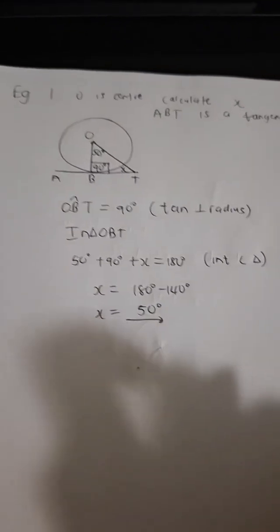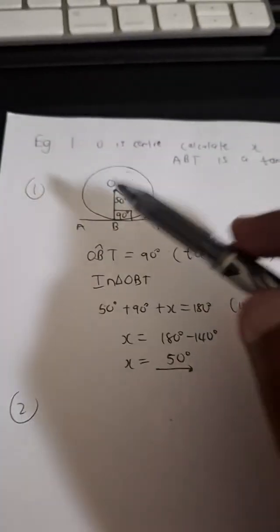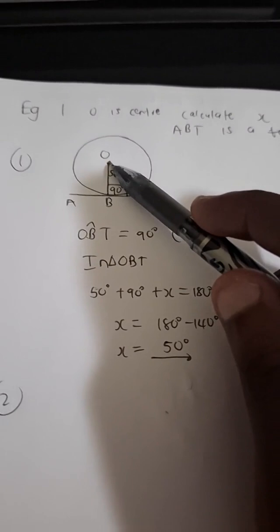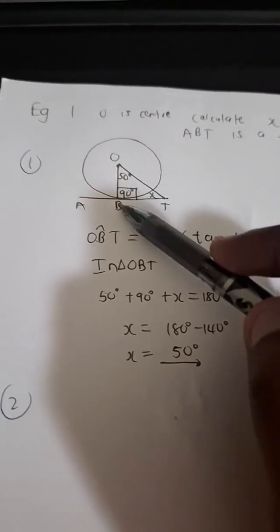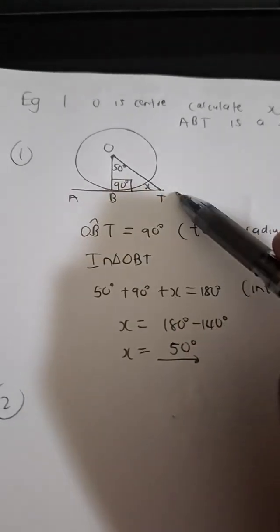Nothing to it, straight to the point. We used our theorem that we've just learned, because we know that a line from the center to the circumference is called the radius. The line ABT is a tangent.